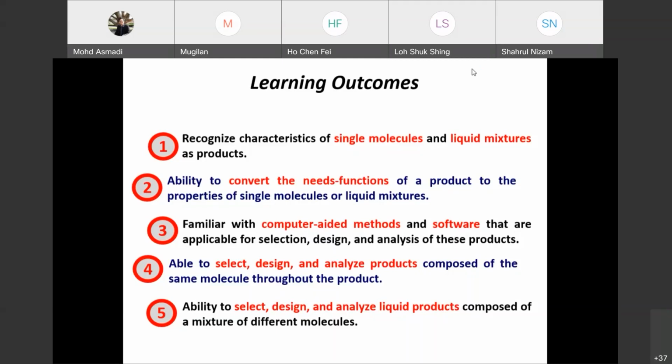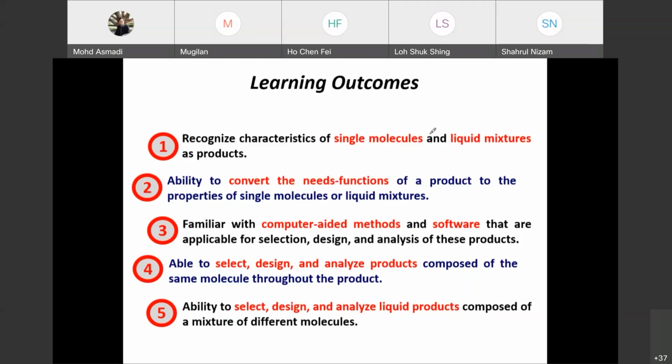Maybe more related to pH. If too acidic, maybe it is not suitable for your skin. So that is the property, and then what are the chemicals? So you can design the chemicals.